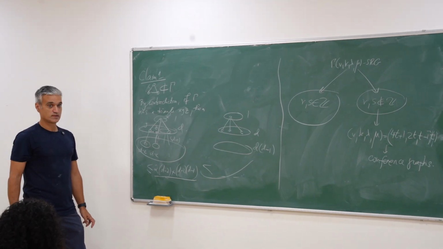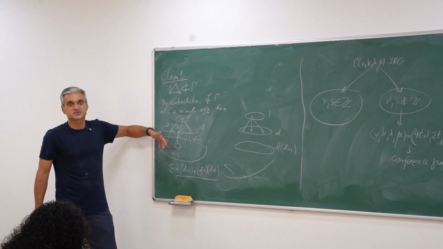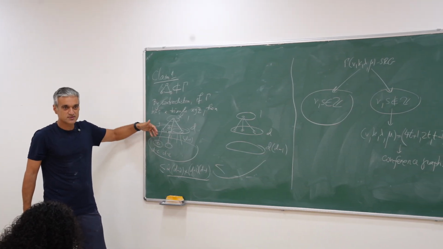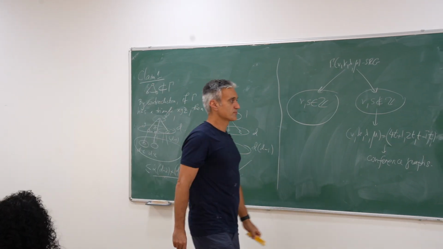In order for this to work, everybody would have to send d minus 1 down, but these ones are not sending that many. So that's the first claim.